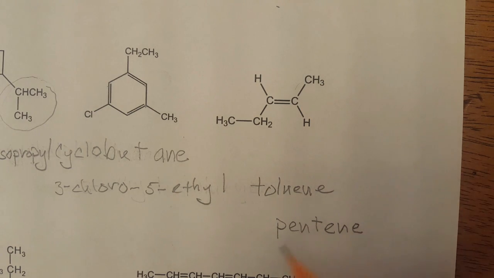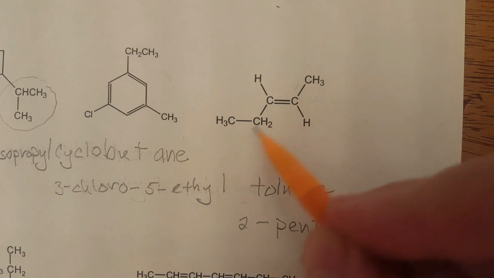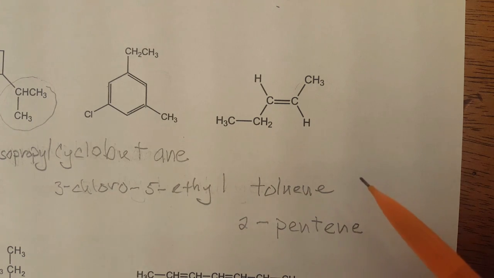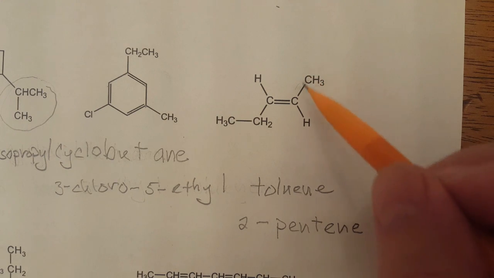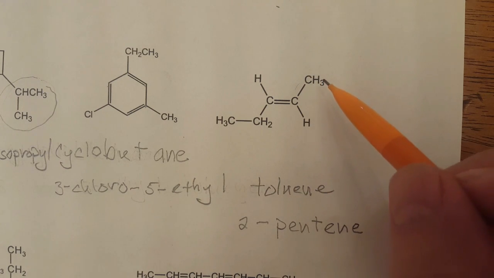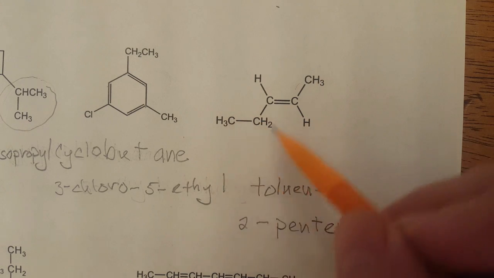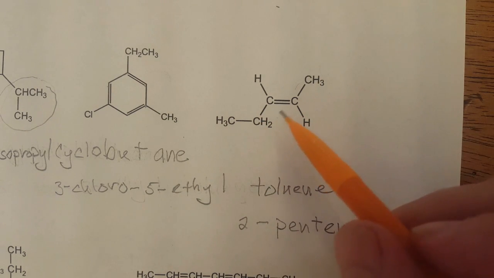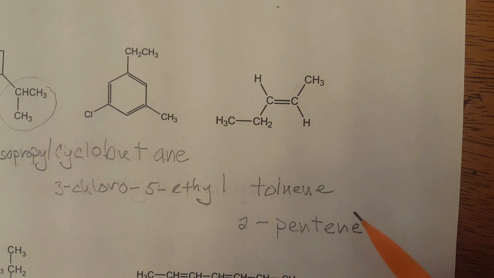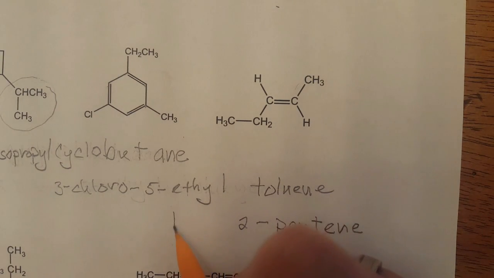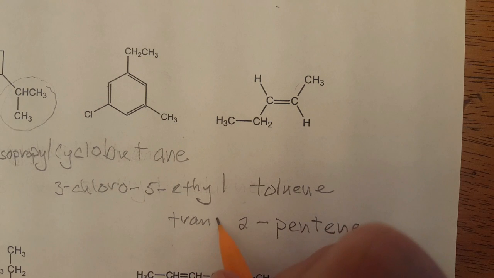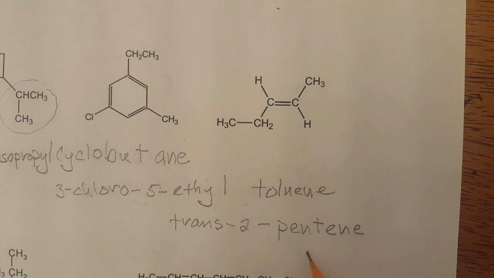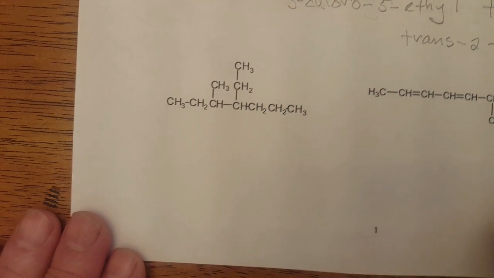So this ends up being a 2-pentene. This is a 2-pentene, but it's configured in such a way that we have a trans structure. Trans being that these bulky groups are across from each other with respect to this double bond. So this is going to be trans 2-pentene.